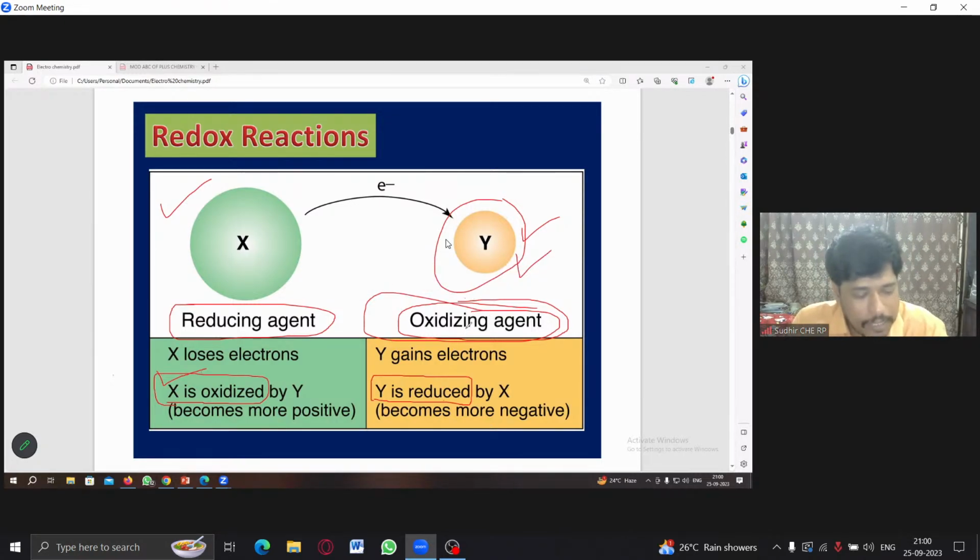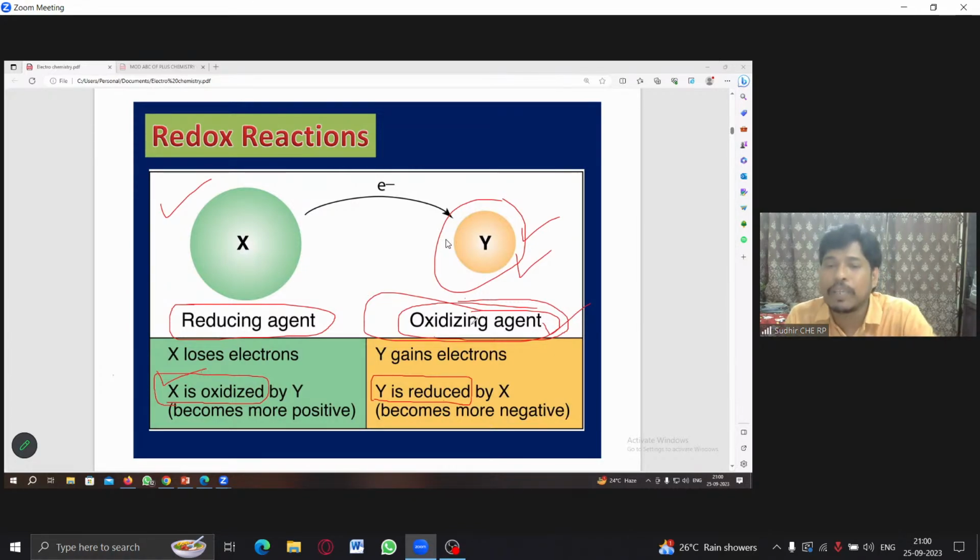If a person is working in LIC as an LIC agent, he will always support the LIC policies. Or if the person is an employee of HDFC Ergo, he or she will support only Ergo policies. Like that, whichever kind of agent they are, they always support that. So here also we are saying it is acting as an oxidizing agent.